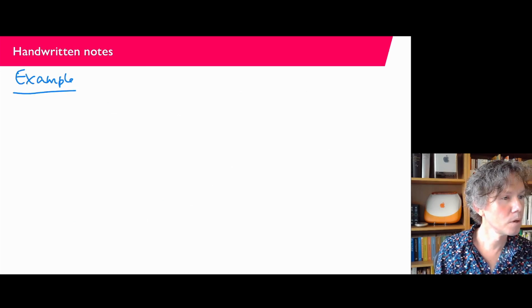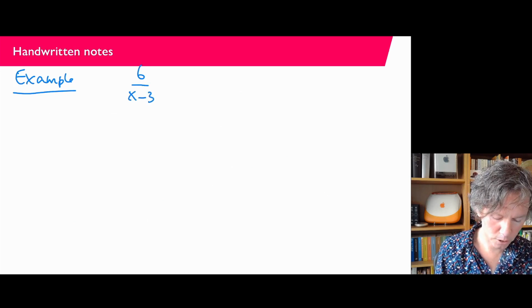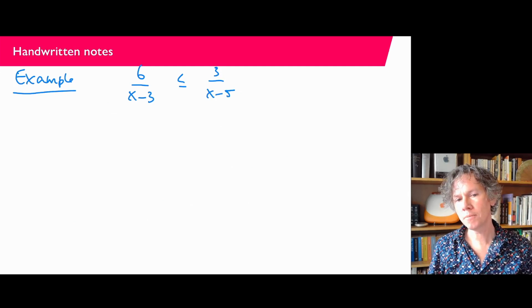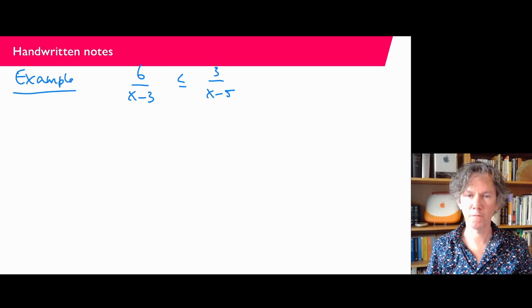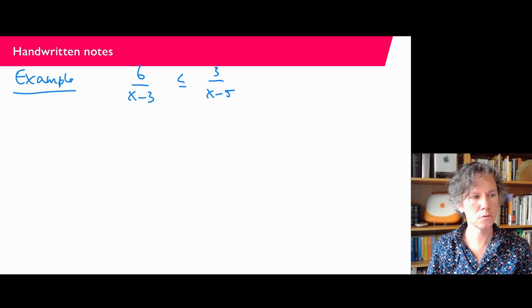So I'm now going to solve 6 divided by x minus 3 is less or equal 3 over x minus 5. So again, you might be tempted to multiply the inequality with x minus 3 or with x minus 5 or with both of these numbers, but we don't know whether they're positive or negative. So that's going to give us a headache. So let's not do that.